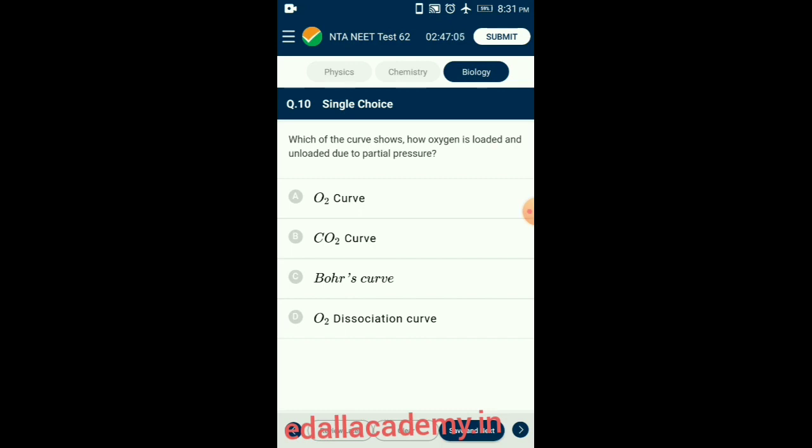The shifting of the oxygen hemoglobin dissociation curve to the right by increasing carbon dioxide partial pressure is known as the Bohr effect. So the answer for this question is option C, Bohr's curve.